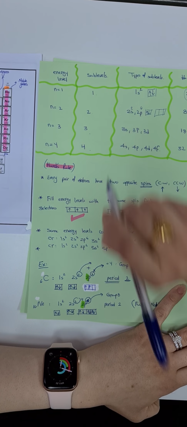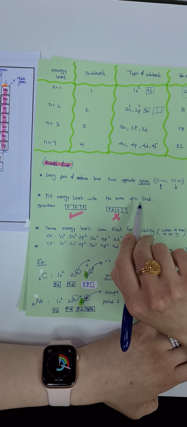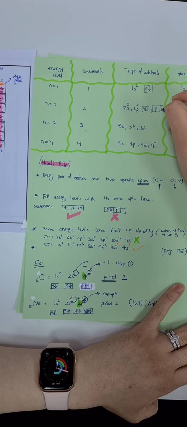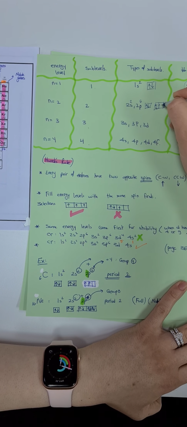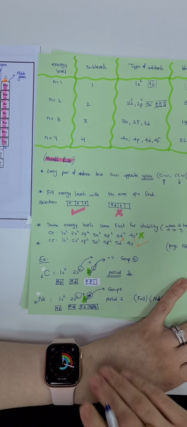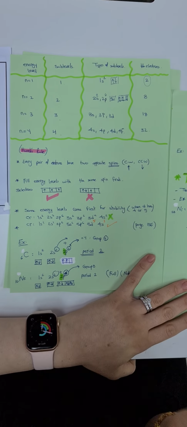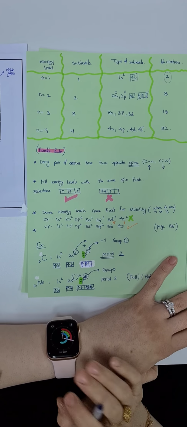But how do we fill them? Fill the energy level with the same spin first. So here I have 6: I will say 1, 2, 3, then I will continue 4, 5, 6. This is the best way. Why do we put them like this? Because this is the best scenario to let the atom be stable.